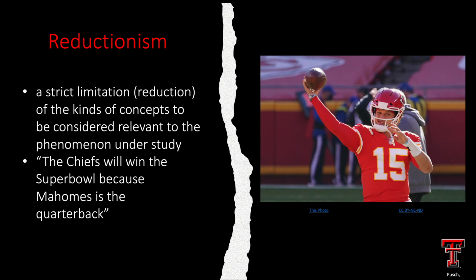But it doesn't matter if you have a great quarterback and everybody else on the team is terrible. So your team is more than just your quarterback. So again, we have to think about everything here when we're thinking about what's going to happen. If we have terrible defense, if we have no running backs, we're probably not going to win the Super Bowl just because we have a really good quarterback. So reducing an entire group or entire area to one thing or one person is making an error of reductionism.